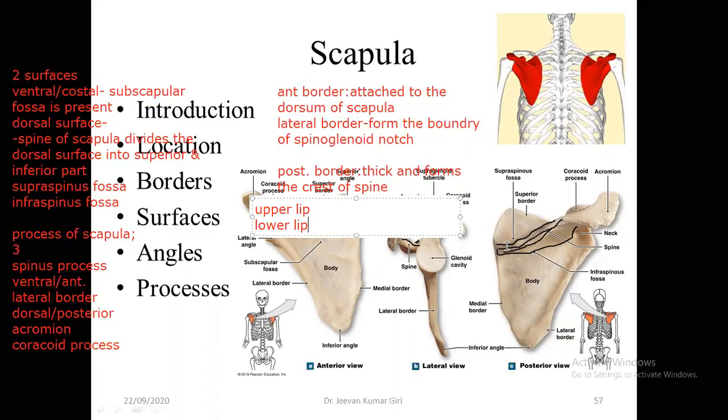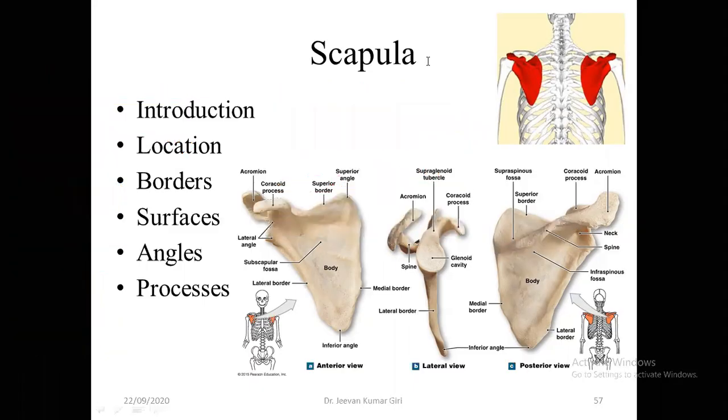So the lip is clear for you now. This is the upper lip, and below it is the lower lip. This whole thing is the crest of the spine. Now you can see here the triangular area, that is the root of the spine.